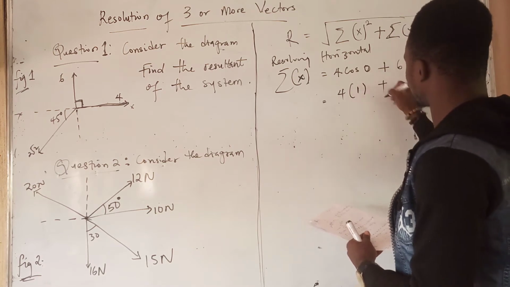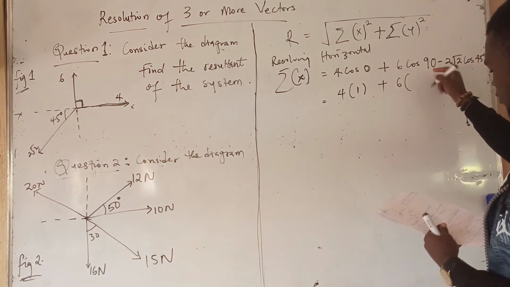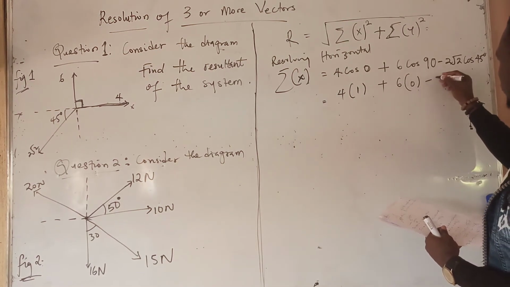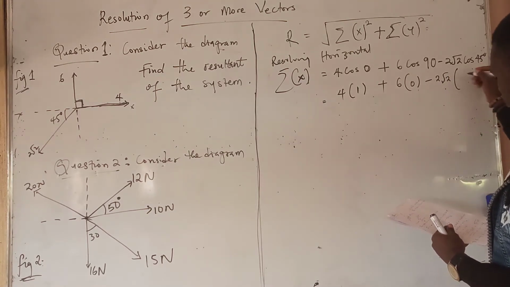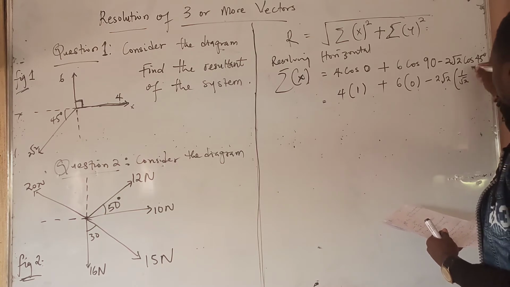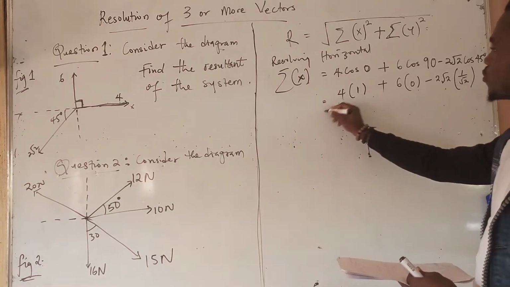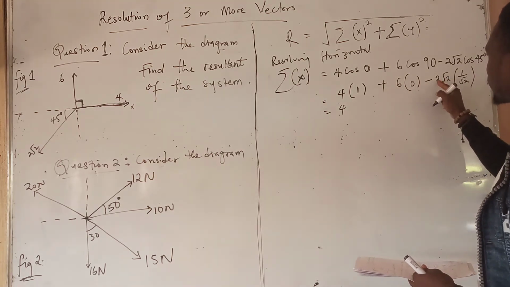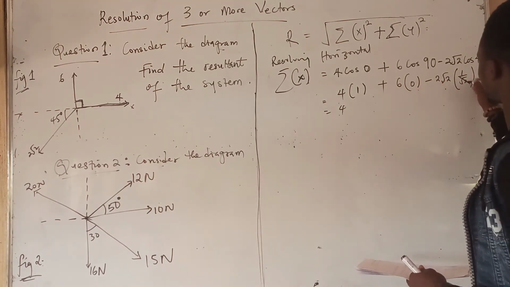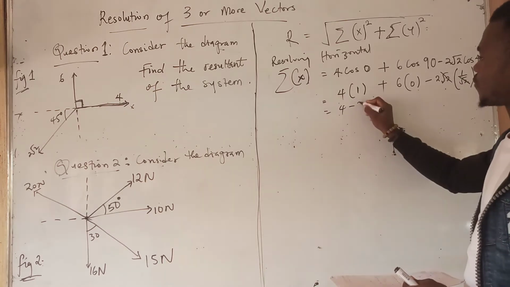Is 1, plus 6 cos 90 is what? Is 0, minus 2 root 2. Then cos 45 is what? Is 1 over root 2. So this will be 4, then this will go to 0, then we have root 2, we cancel root 2, then we have minus 2.